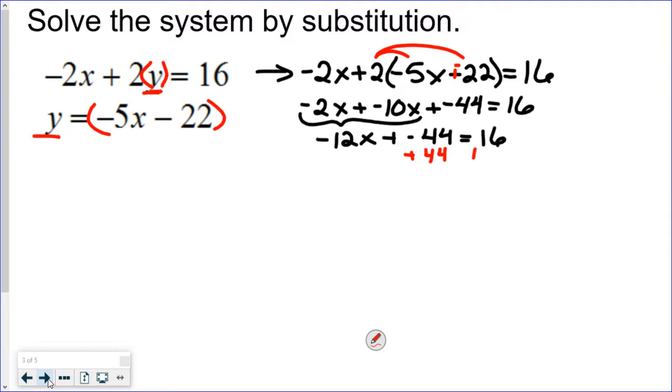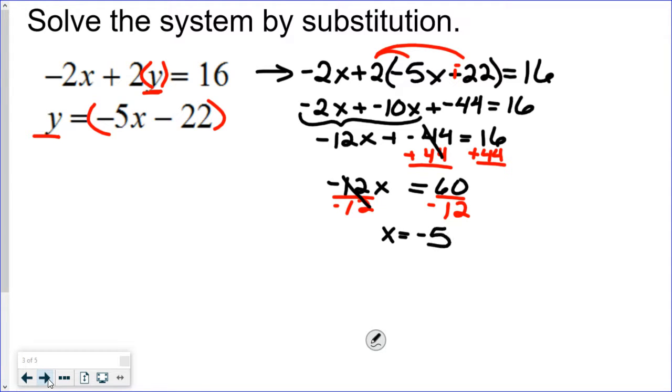Okay, I'm going to add 44, and I'm going to take out my calculator then. And I get 60. And then in my calculator, I'm going to divide 60 by negative 12. And I'm going to get a negative 5. Okay, again, negative 5 is x.